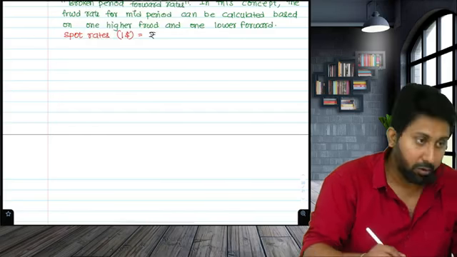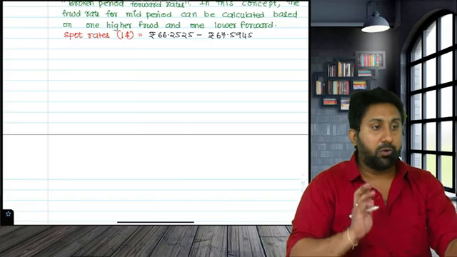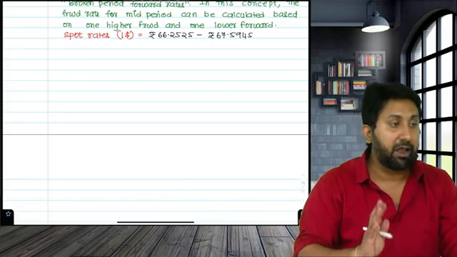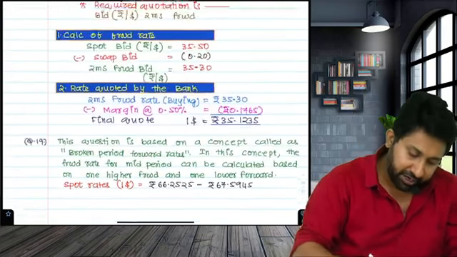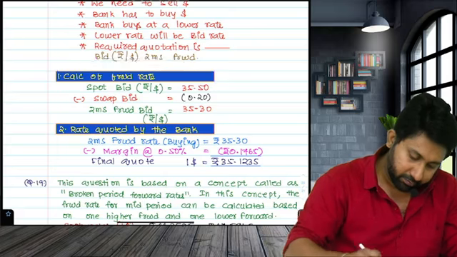This is what rate? Spot rate. Okay, now we are going to calculate first the swap points for 2 months and 15 days. Write down.